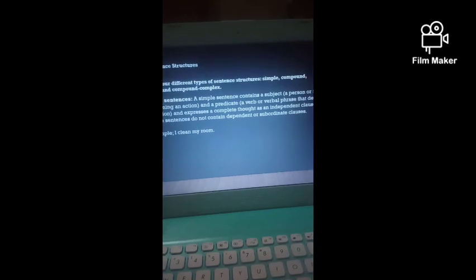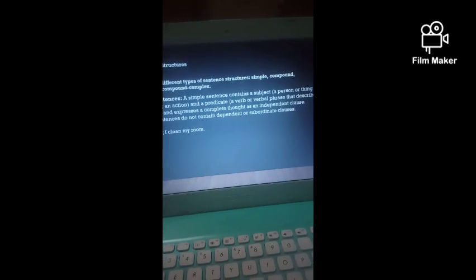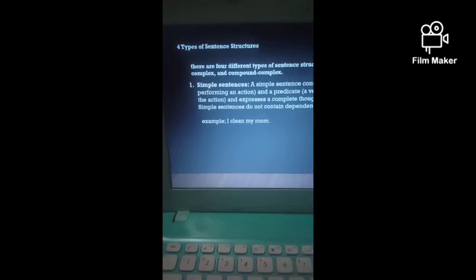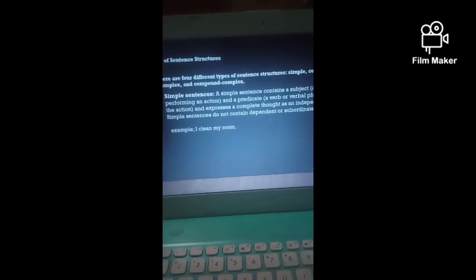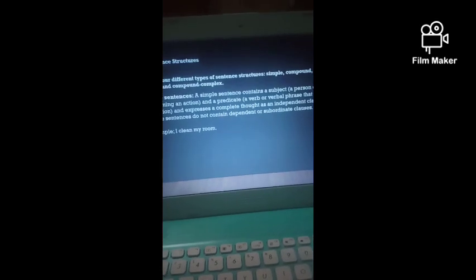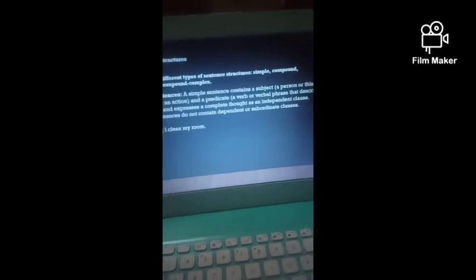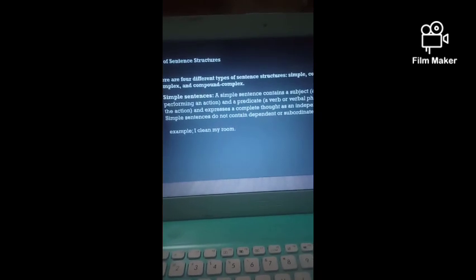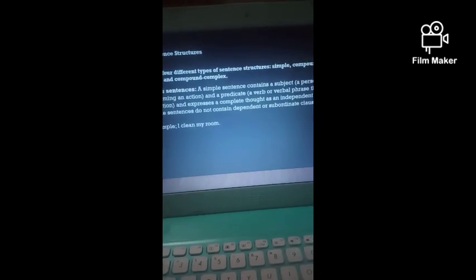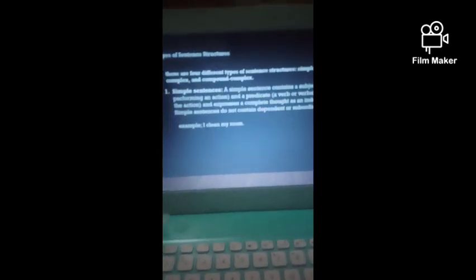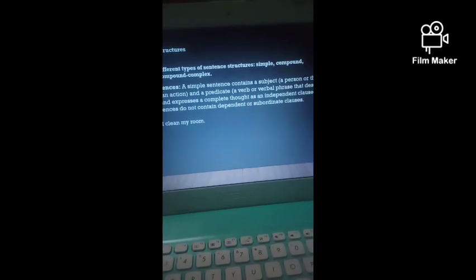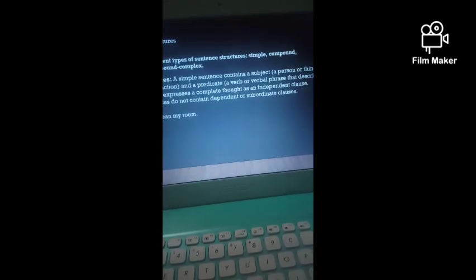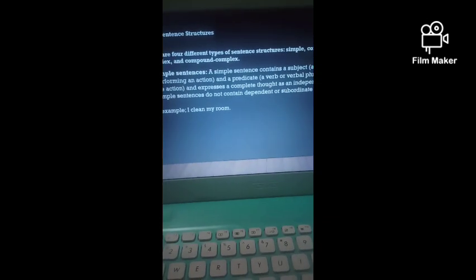A simple sentence contains a subject, a person or a thing performing an action, and a predicate, a verb or verbal phrase that describes the action and expresses a complete thought, as in an independent clause. Simple sentences do not contain independent or subordinate clauses. For example, I clean my room.